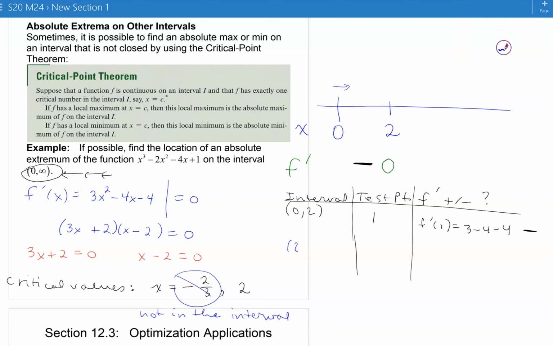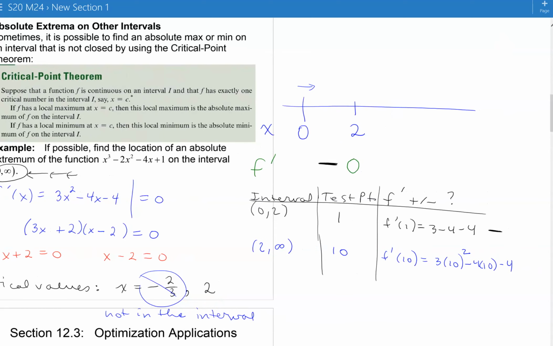Okay, then let's look at the interval from 2 to infinity and test, say, 10, because that will be easy to tell whether it's positive or negative. And that's clearly positive. So there's never any other critical numbers to the right.